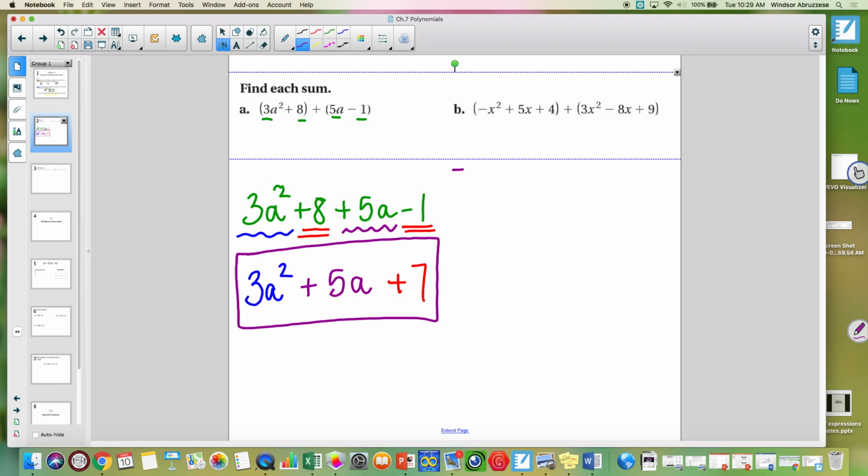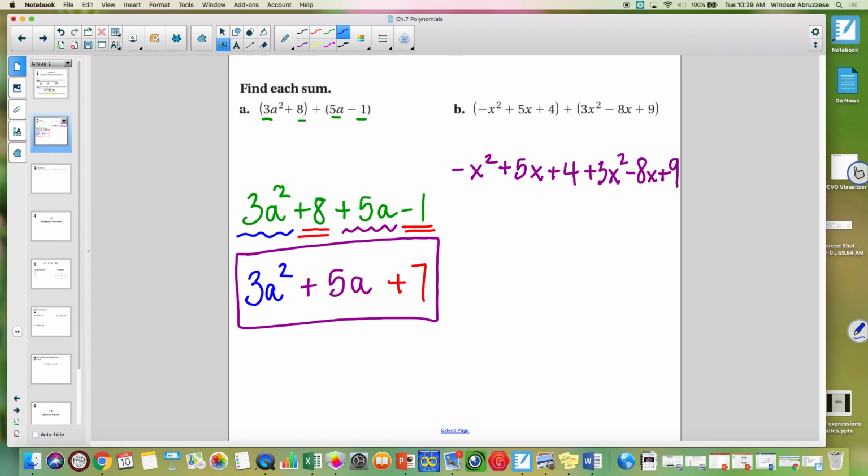Negative x squared plus 5x plus 4, and I'm adding this second polynomial to it, 3x squared minus 8x plus 9. I like to use a highlighter or different colored pens to help let the like terms stand out. So I have a negative x squared plus 3x squared is 2x squared.